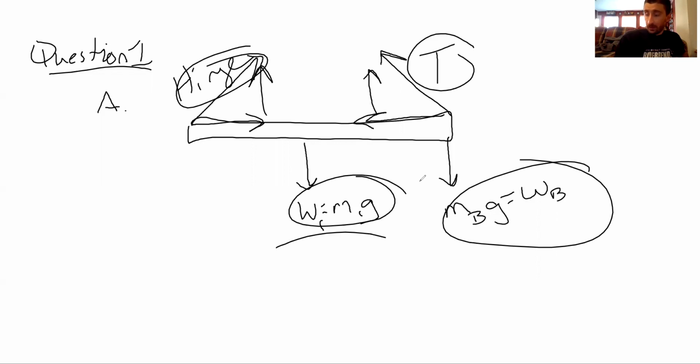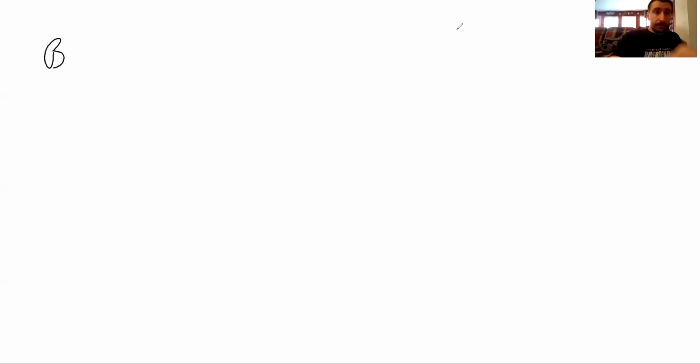So let's go ahead and clear that. So this is going to be B. It says calculate the reading on the spring scale. So what we're going to do is we're going to take the rod to rotate at the hinge. So we're going to look at the torques acting on it. We know it's in equilibrium, right? So we know it has to be 0, and we're going to start observing it from the end.